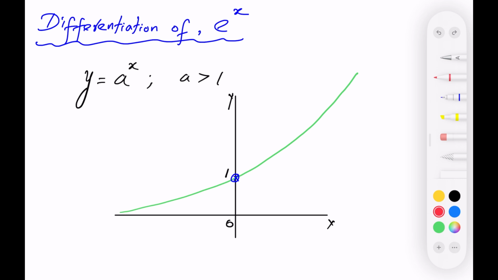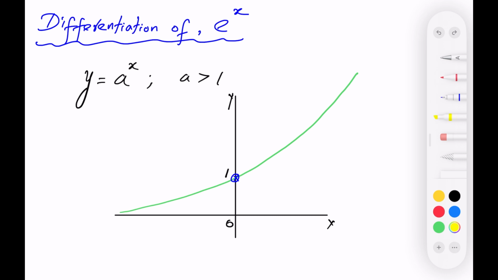However, if that c is smaller than a, it will have a graph which is above the green line for all the negative values of x and below the green line for all the positive values of x. I just wanted to mention those things because I need to pay attention to one specific point.